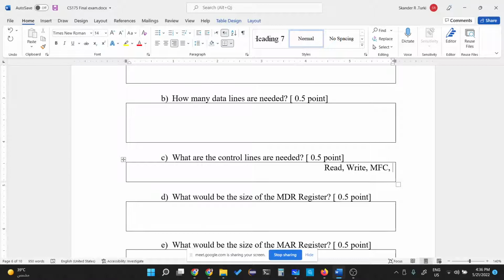It's an output, not control, but we can include it here. It's the bit that the memory uses to tell the processor that it has completed the operation, the memory function complete. And then we may have an enabler, called EC or something in the slide.